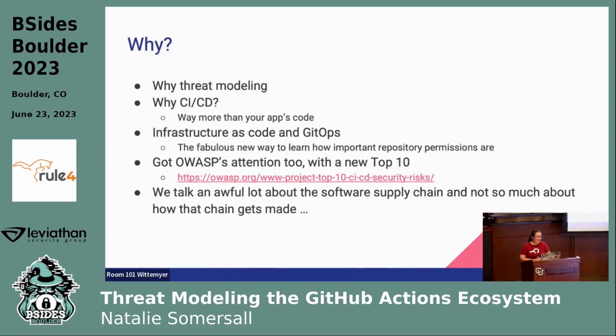And nowadays, CI/CD is way more than your app's code. I started using a CI system called Hudson, now known as Jenkins, back when it was called Hudson. And at that point, it was pretty remarkable that you could have a nightly build.